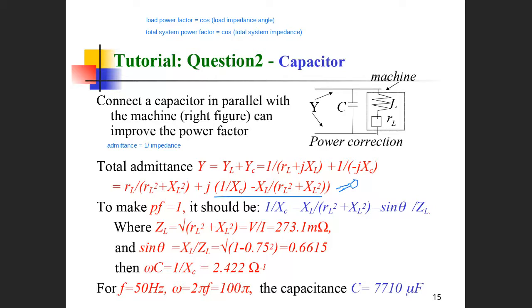So one can quickly find the required capacitive reactance, and the required capacitor can be estimated.